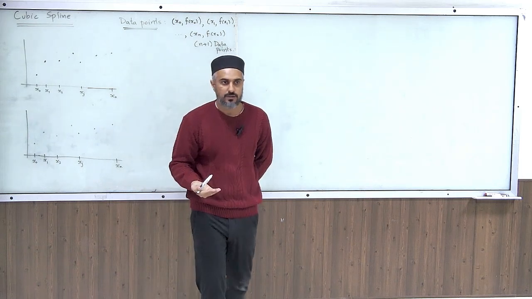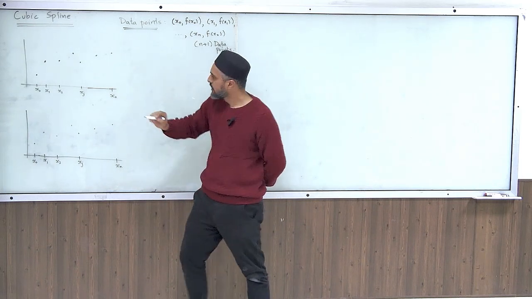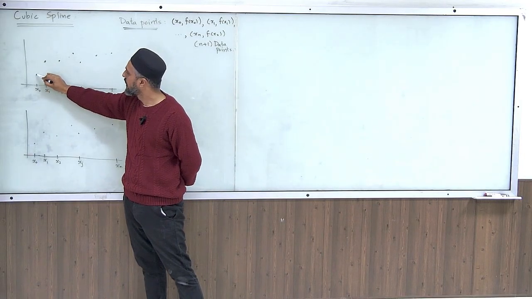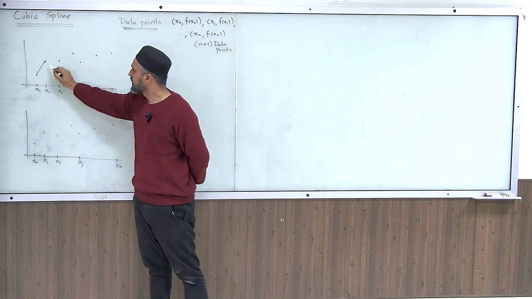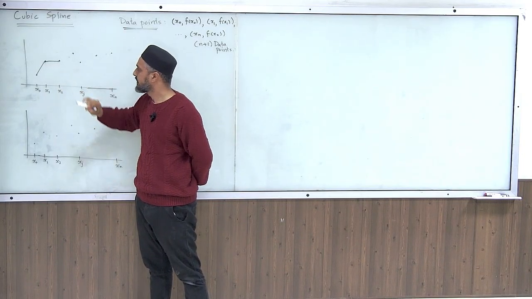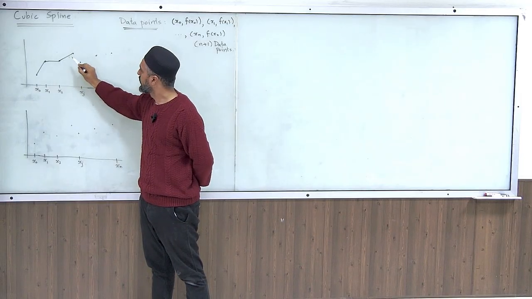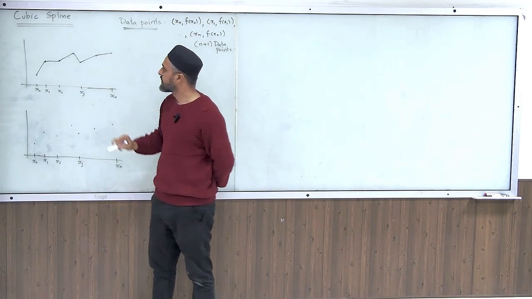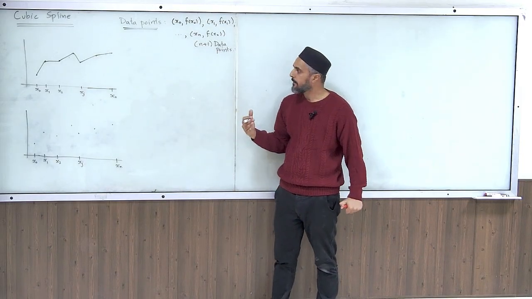Between the first two points, I plug a straight line. Then between the next two points, I get another straight line. If I plug these straight lines together, that will be a curve.